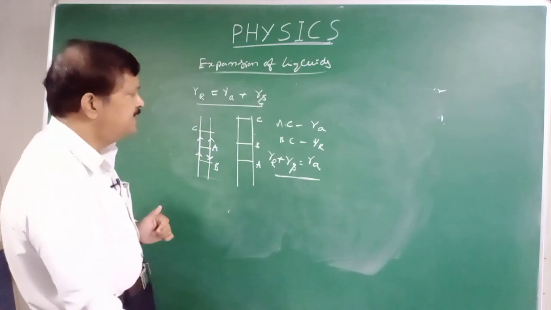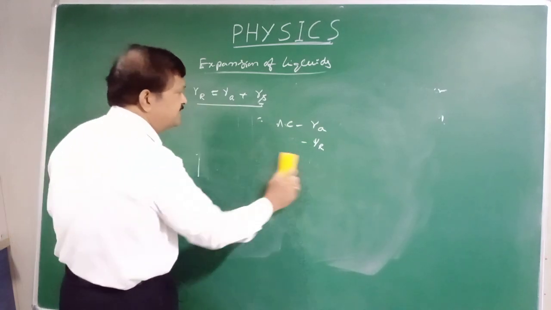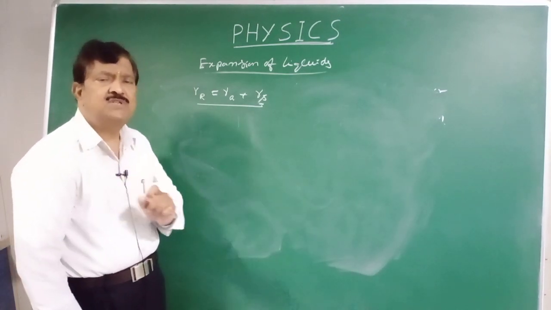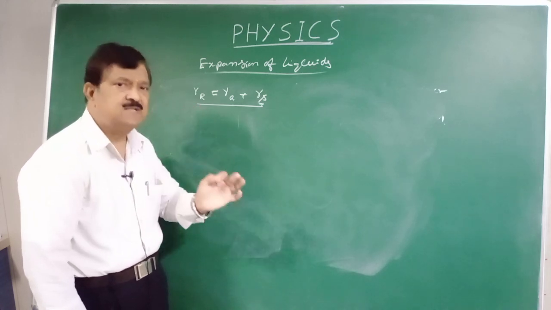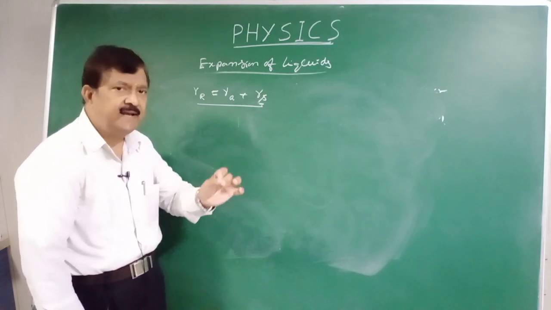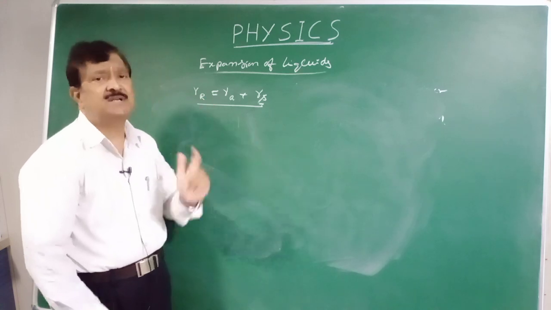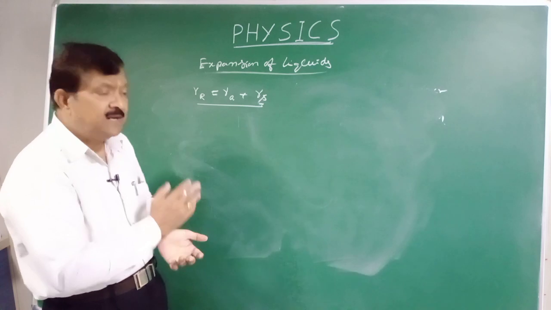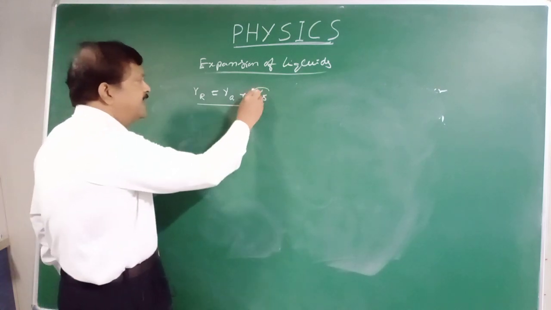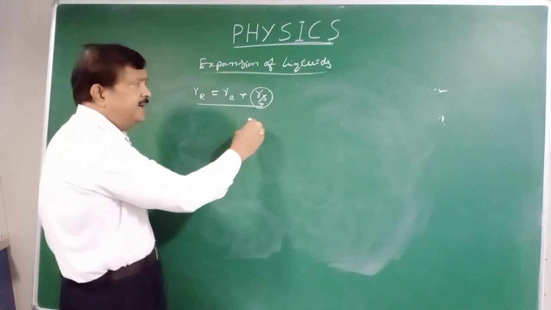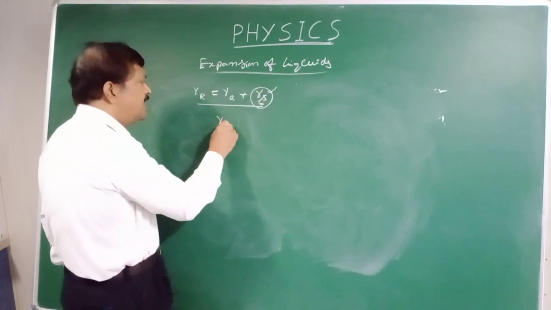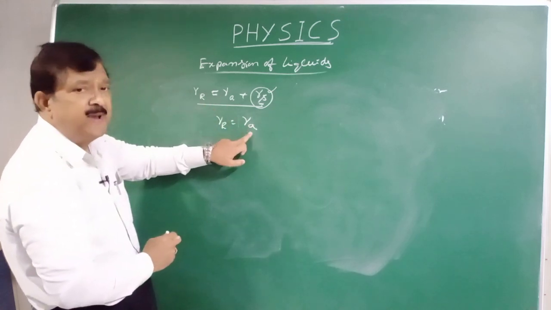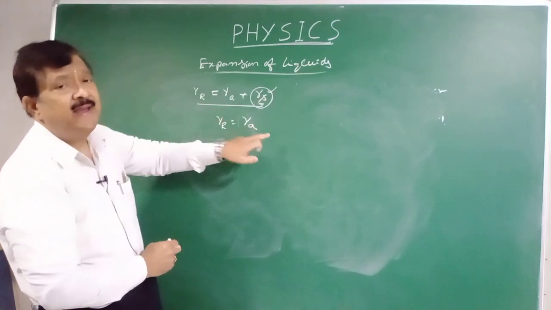And there is one more possibility as per this equation. Suppose I take a container which will not contract or which will not expand. That means the volume of the container remains constant at all temperatures. That means the coefficient of expansion is negligibly 0. In such cases, because the container is not expanding or contracting, gamma S is 0 and gamma R equals gamma A. That means the coefficient of apparent expansion and real expansion, both of them are equal.